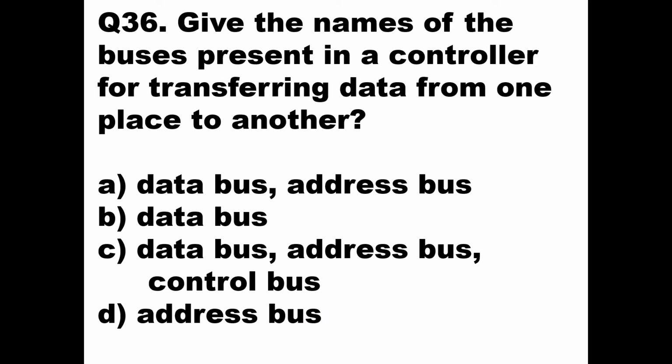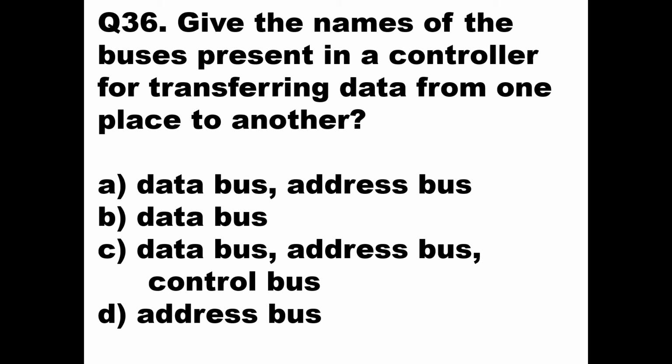Give the names of the buses present in a controller for transferring data from one place to another. Whenever we transfer data from one place to another, the first set of wires that comes into the picture is the control bus, because it tells which operation is going to take place, whether it is going to read the data or write the data.